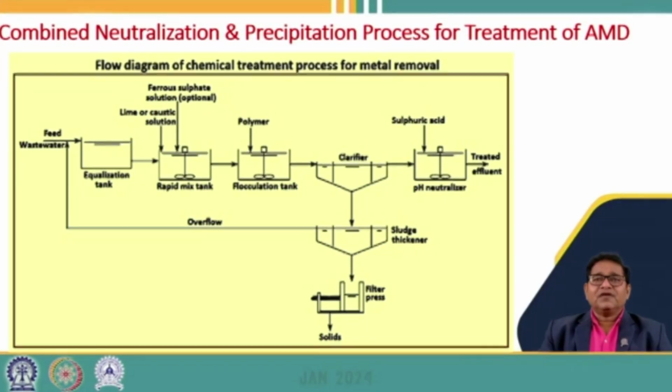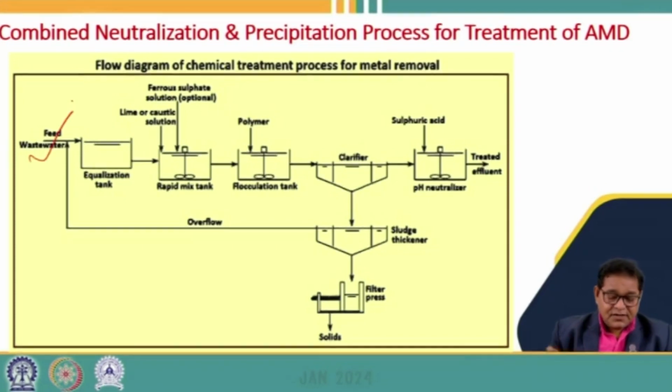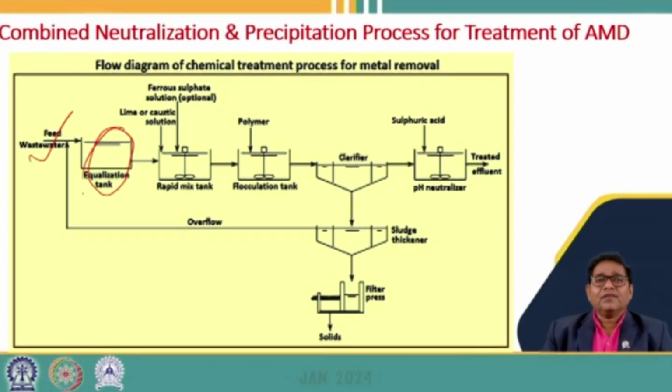So this is basically the flow diagram of the neutralization cum precipitation process for the treatment of acid mine drainage. Here the wastewater, which contains a lot of metals and sulfate content, is taken into the equalization tank first, and here the entire water generated from different portions of the mines, from overburden dumps, from waste piles, is equalized.